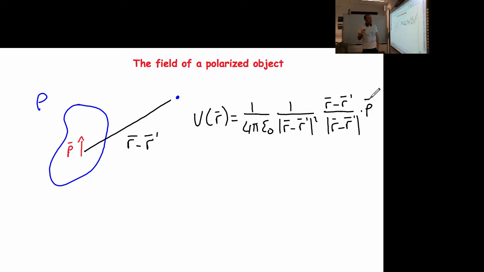So all we have to do in order to find the total potential now is to integrate this over the volume.